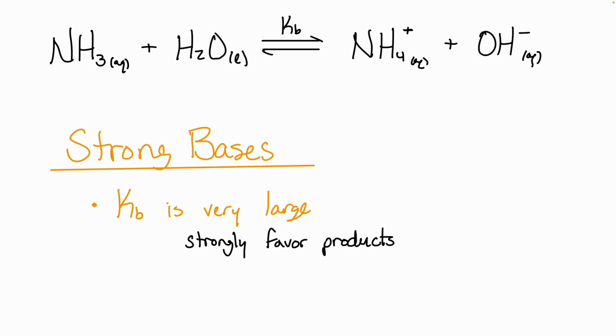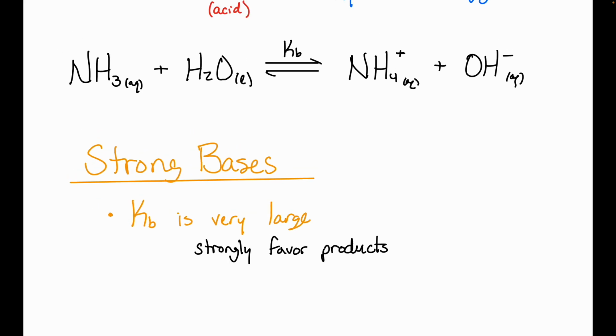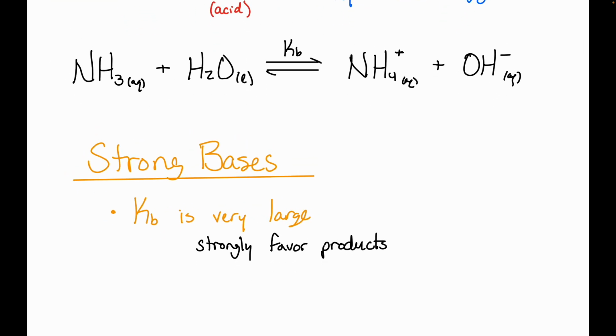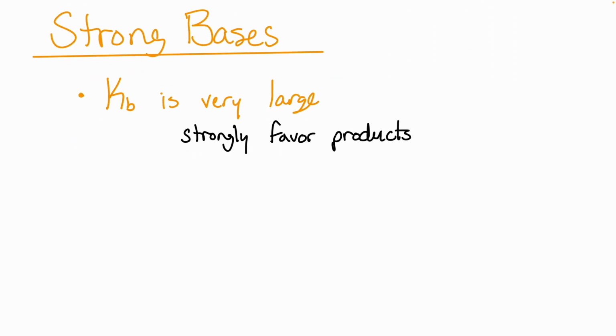All right, and that value for Kb is so large that we don't even treat this as an equilibrium problem. We look at this reaction and say it goes 100% to completion. All right, so for our strong bases, our dissociation reaction goes 100% to completion.